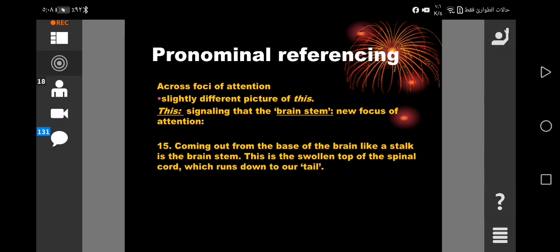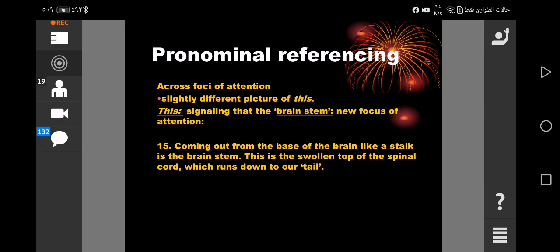What does this refer to? This refers to what?